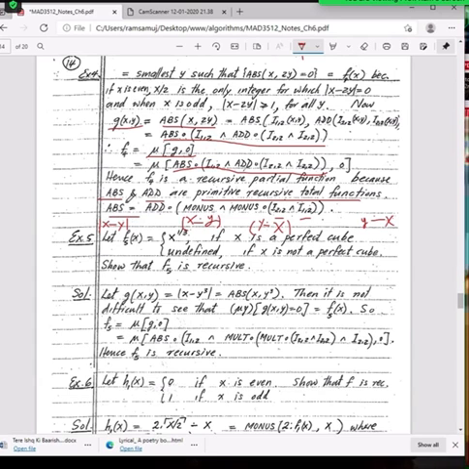X and y are given because this is absolute value of x comma y, right? X and y are given. But if you want to be pedantic, you could put monus of, and then a small circle.